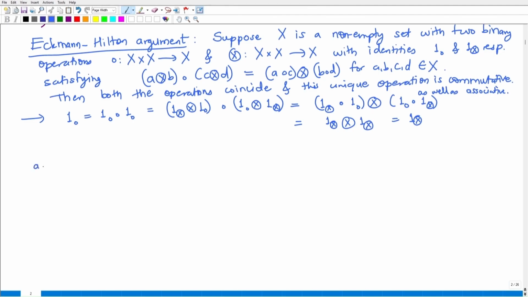Then A circle B: now I can just use 1, since 1 is the identity for both of them.